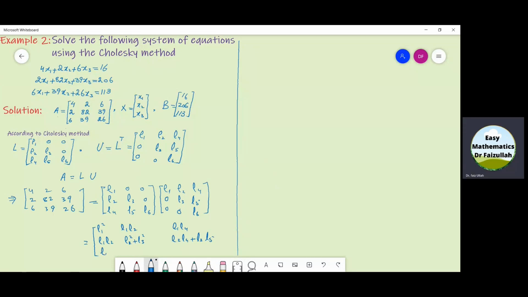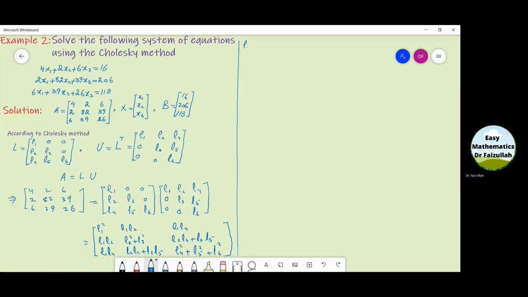Now we have L1 L4. And here we have L2 L4 plus L3 L5. In the last entry we have L4 square plus L5 square plus L6 square. And now let us compare the coefficients on both sides to find the values of L1, L2, and so on.